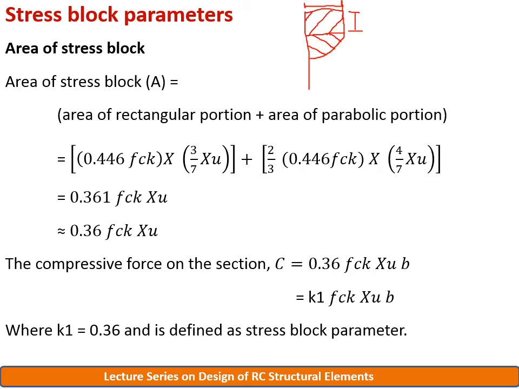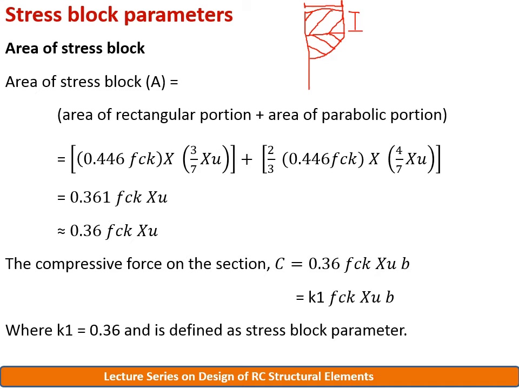Once we get the value 0.361 FCK into XU, it can be approximated to 0.36, and we can write it as 0.36 FCK into XU.